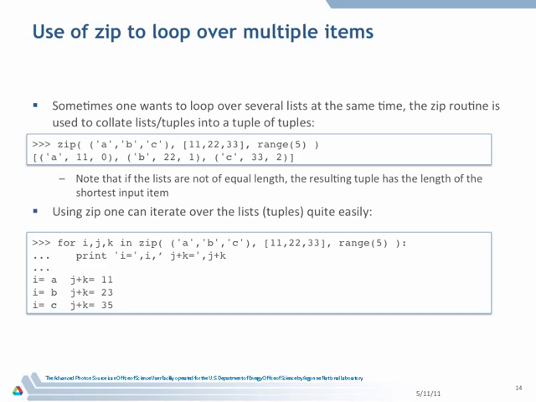So if I print it, I is A, and J plus K is 11, since the first value is 0. When I go through this the second time, J is going to be 22, but the value from the range is going to be 1, so that's why I get 23. So this is a way that you can use a for loop on a bunch of collections at the same time.